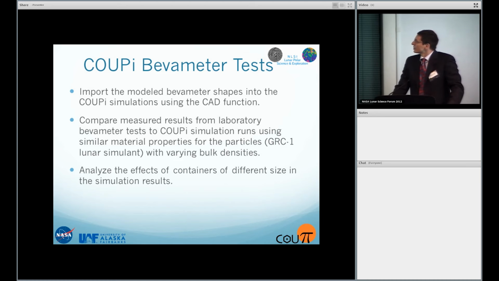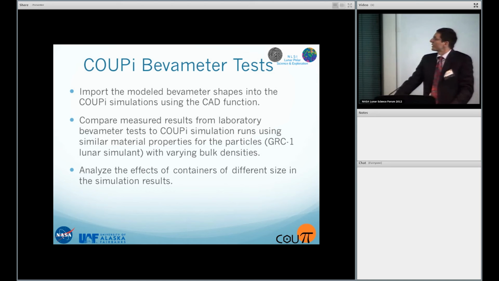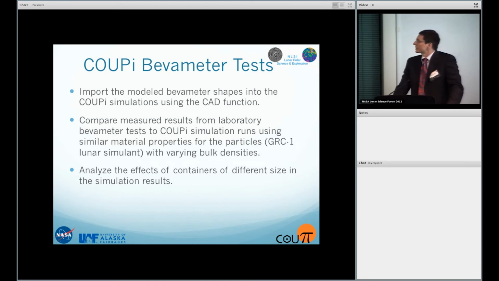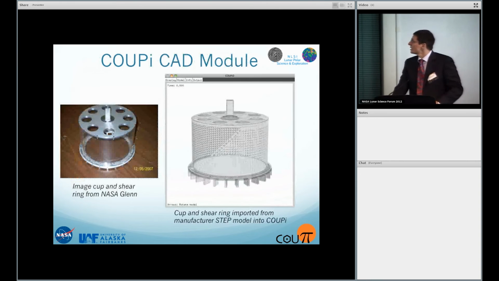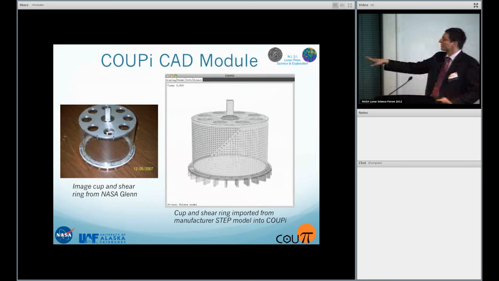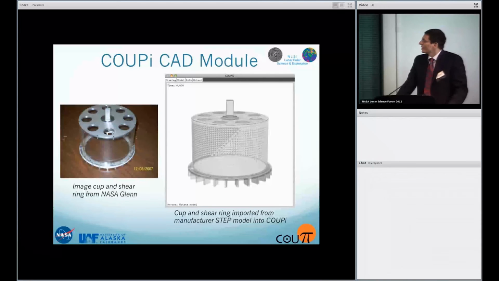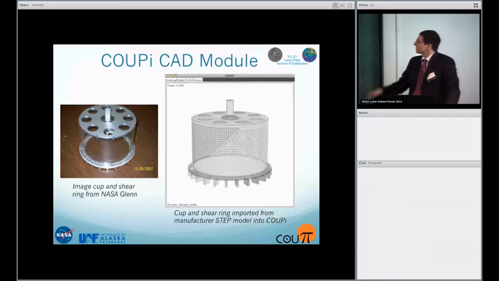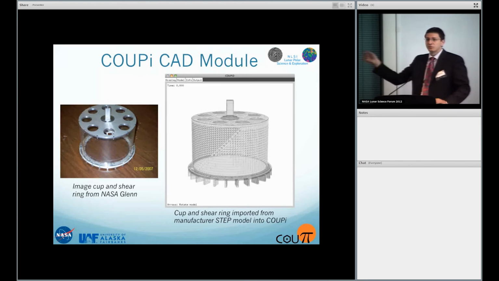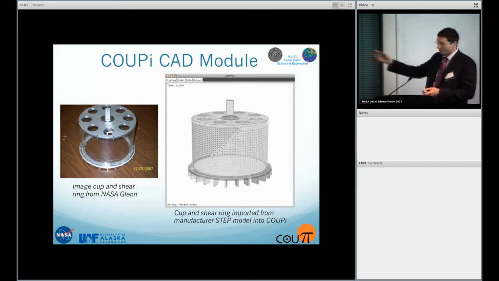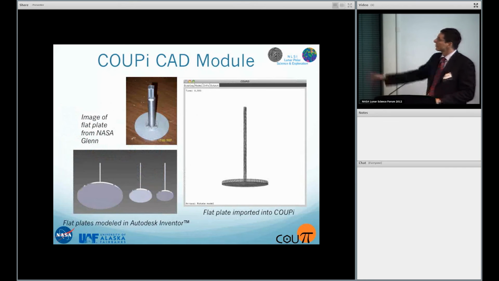Then what we do is compare the measured results from the laboratory bevameter test and the COUPi simulations. This is an image of a shear ring from NASA Glenn Research Center, and this is a direct import from the manufacturer's STEP model into the COUPi discrete element method. It's the same with a flat plate.